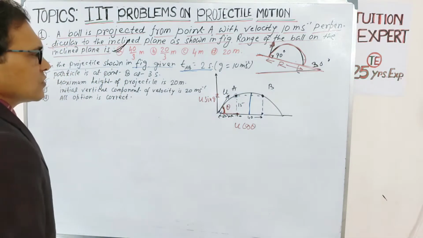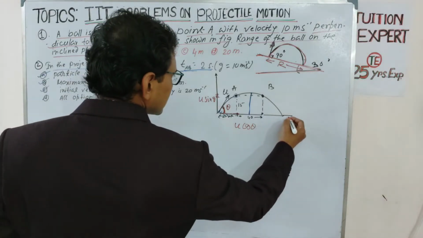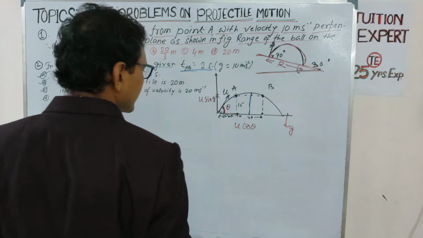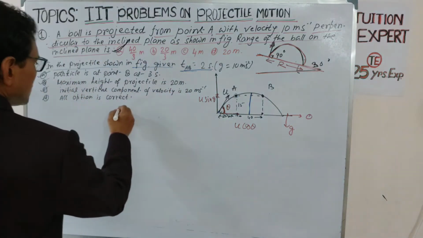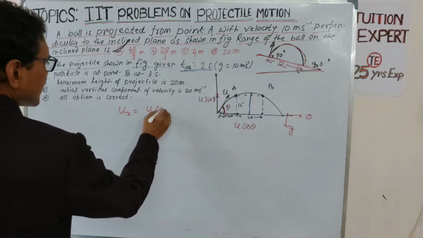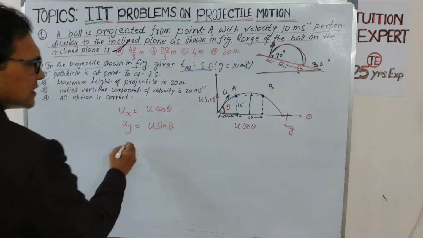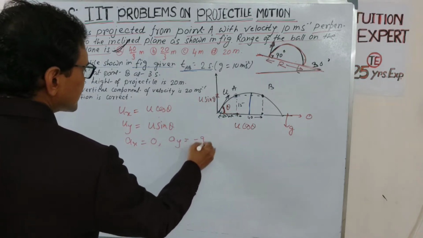You already know: u cos theta, u sin theta, and here g is along the y direction and along x it is 0. So ux equals u cos theta, uy equals u sin theta, ax equals 0, ay equals minus g.